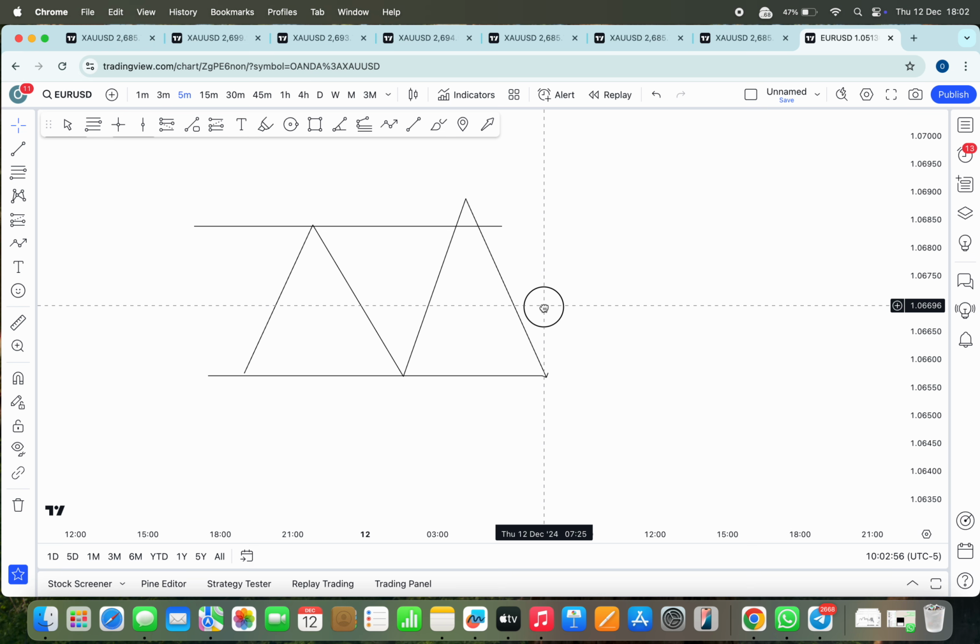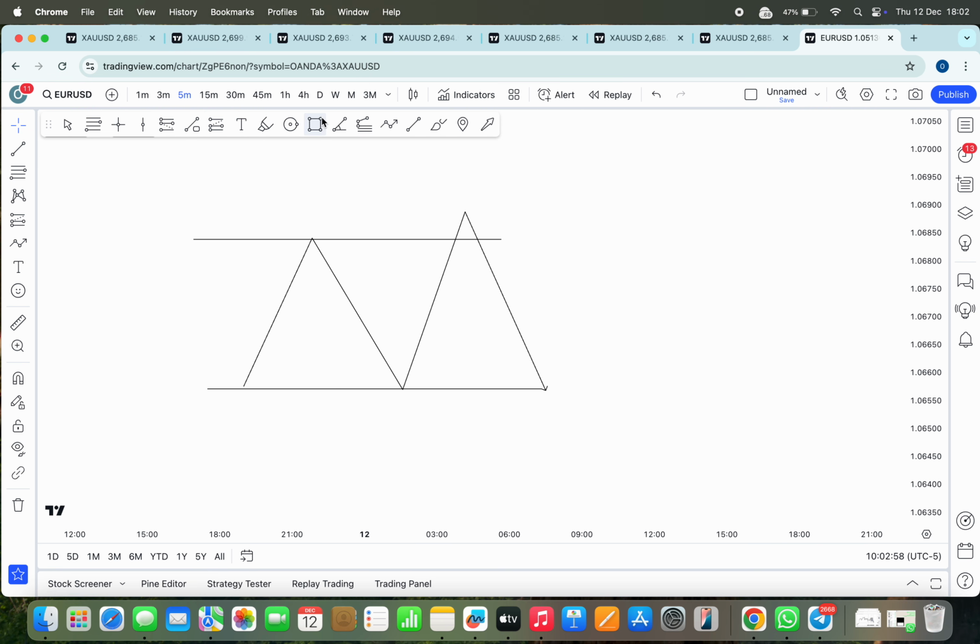So when we talk about order blocks, what do I mean? The candlestick that took out liquidity, this candlestick over here. When I say took out liquidity, what I mean is that the body of the candlestick went outside the liquidity zone and closed above, right?